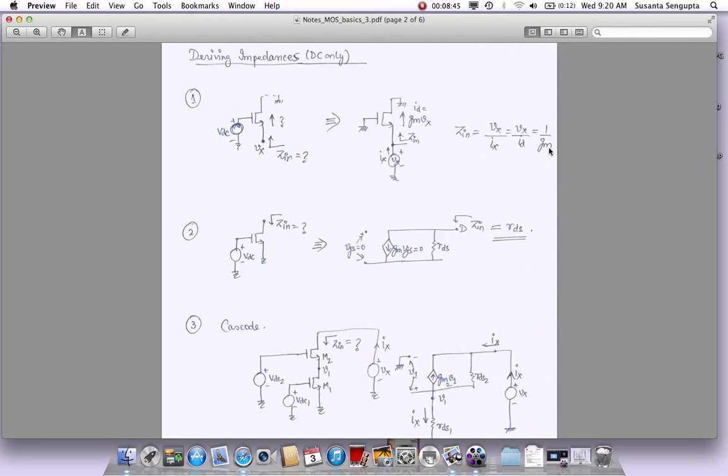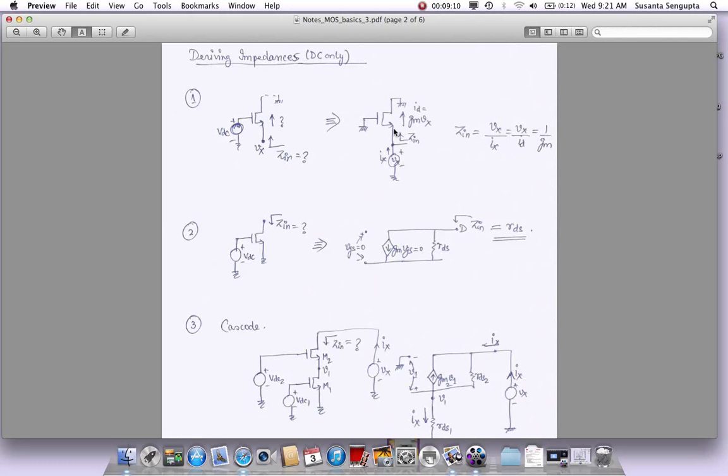This is very, very important. You will see this kind of circuitry in a lot of places as we go forward, where the impedance looking into the source of an NMOS is a low impedance, which is roughly 1 over Gm. Here we assume that the drain is low impedance or AC ground. That is an assumption which would be true in most of the circuitry.